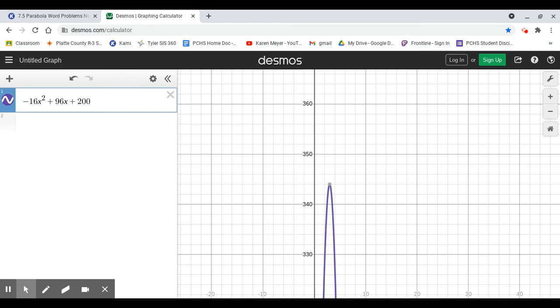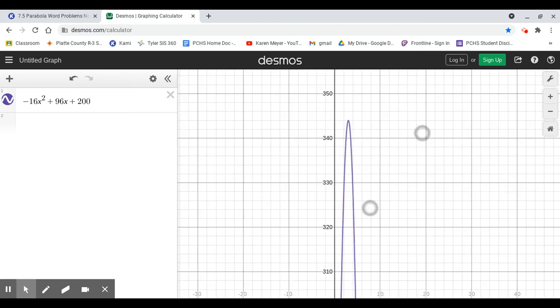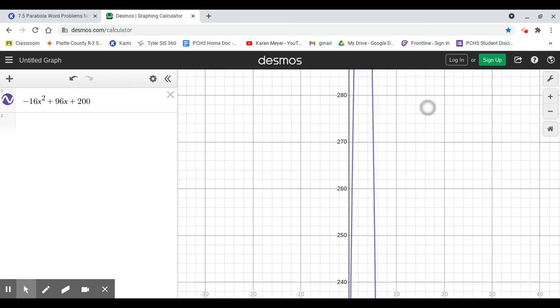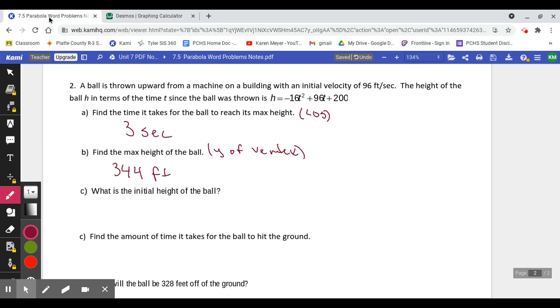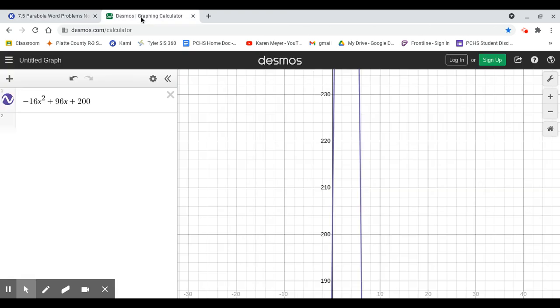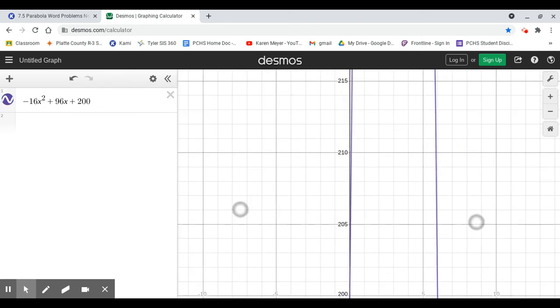Initial height. Initial height is the y-intercept. I forgot to write that down. You can keep scrolling here, but it's really hard to tell where my line actually crosses the y.